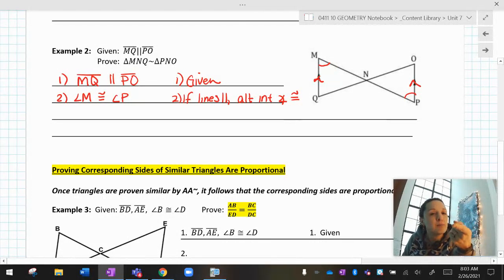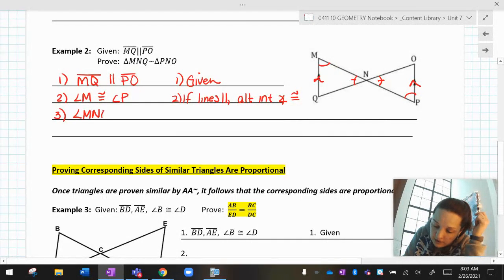And then I see a bow tie here. So the other type of angle that I see is congruent are these 2 right here. So I can say angle MNQ is congruent to angle ONP because vertical angles are congruent.